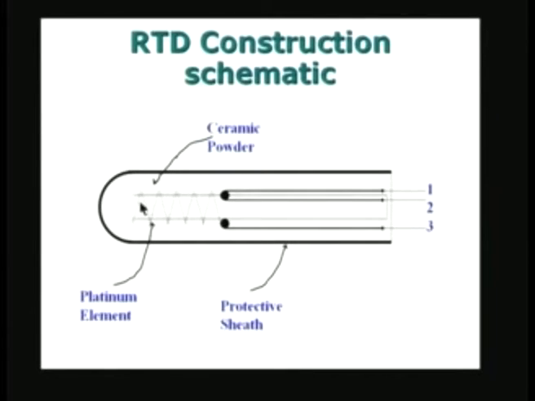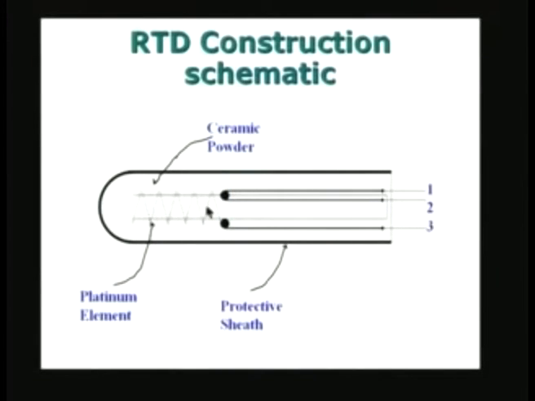An important requirement is that the resistance element must be allowed to freely expand and should not be confined, and therefore it should not experience any stresses during operation. It is allowed to freely expand along this direction. It is loosely put inside a protective sheath material, which may be of either metal or an alloy, and inside that you have a ceramic powder loosely filled between the element and the sheath.